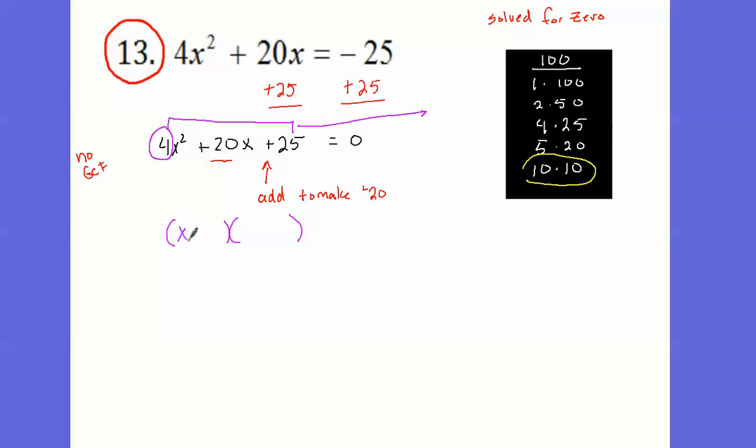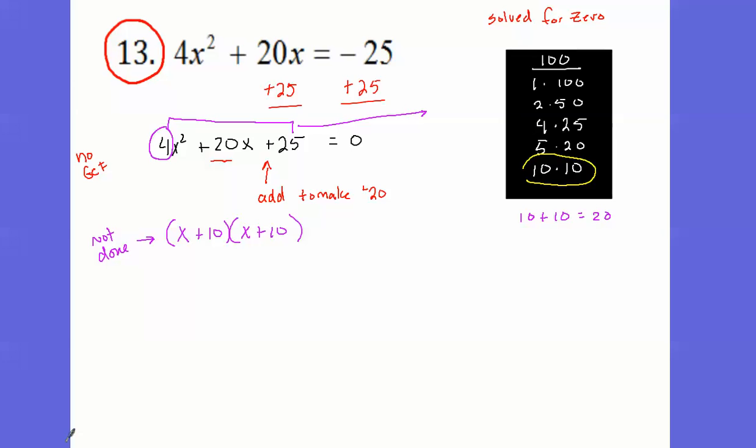It will be x plus 10 and x plus 10. It is important, however, to point out that this is not done, because we cannot multiply this out and go back to 4x squared.